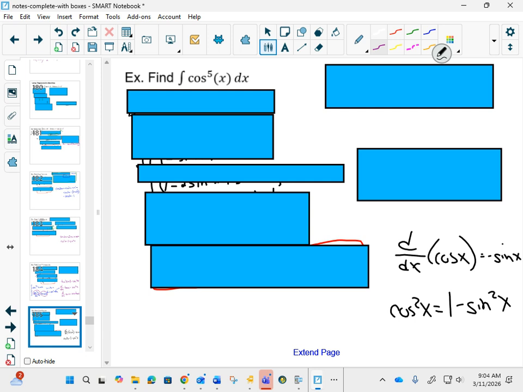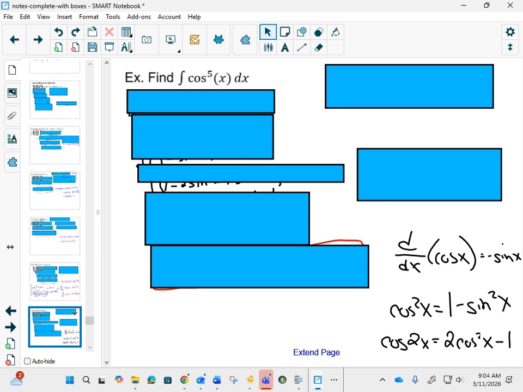I know that cos 2x is 2 cos squared x minus 1. Okay? Some things that I don't like. I don't like that when I do the derivative of cos I get sine, and I don't have sine in my equation. That kind of bothers me a little bit.